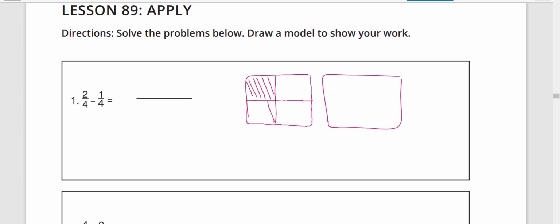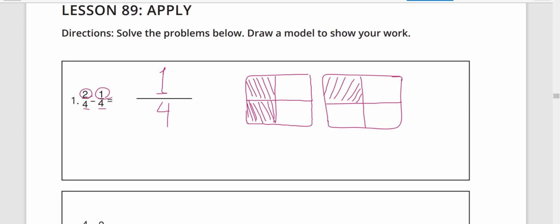Shade 2 parts, and divide the second model into 4 equal parts and shade 1 part. So when we subtract two fractions, write the denominator as 4 and subtract the two numbers in the numerator. 2 minus 1 equals 1.